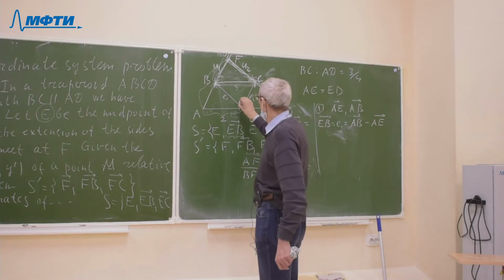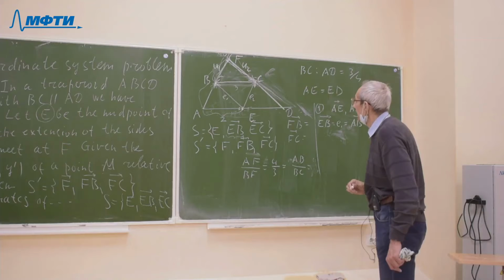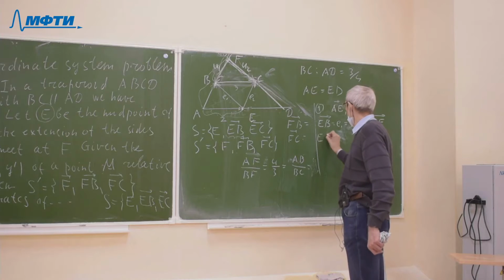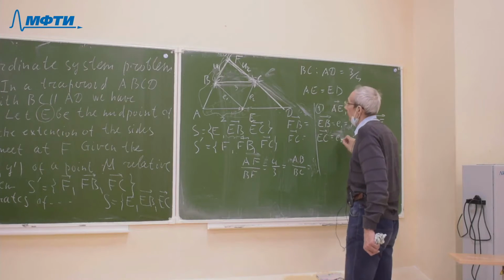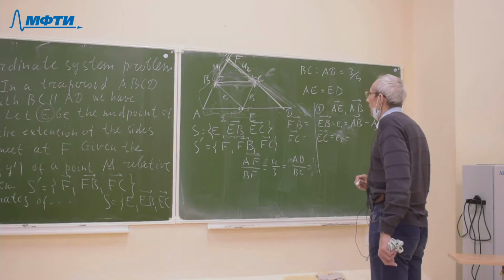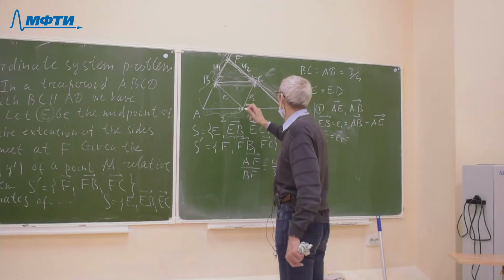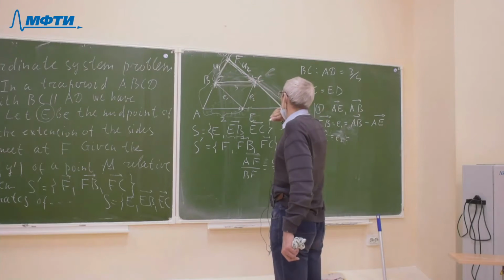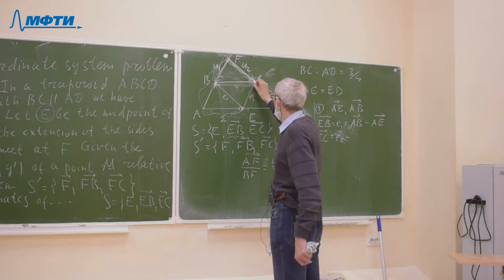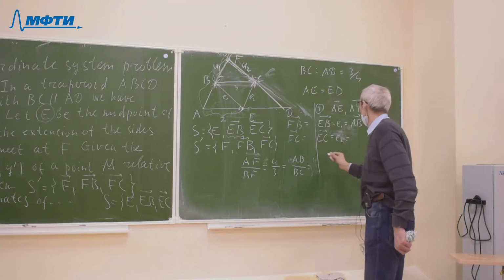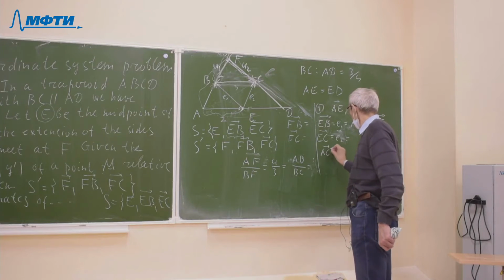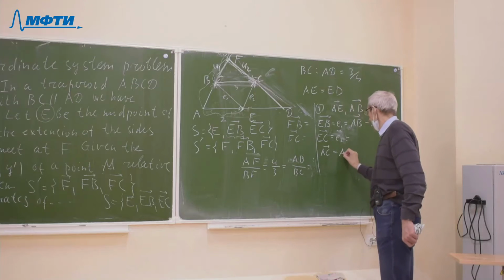And we have the first vector. The second, EC, E2. This vector is the difference of this one and this one. E2 is equal to AC minus AE.